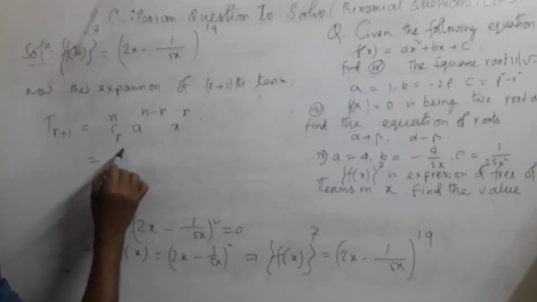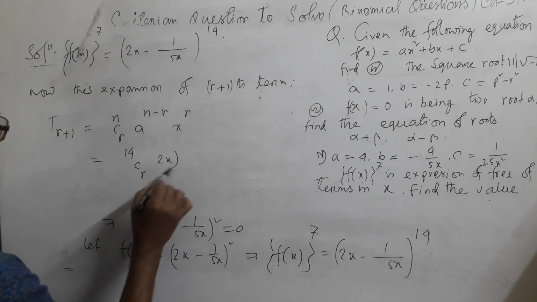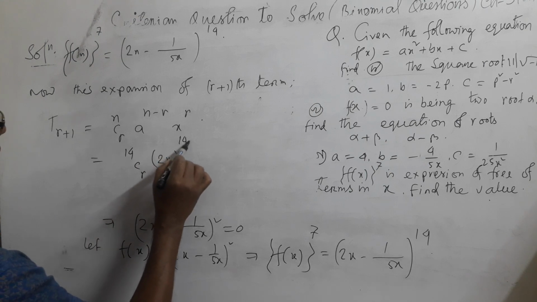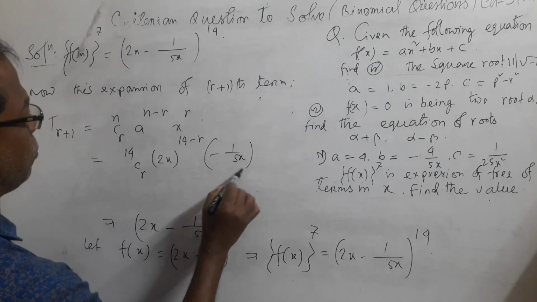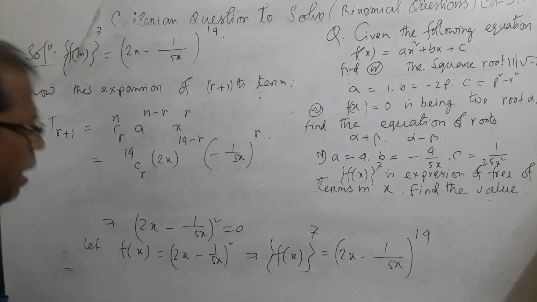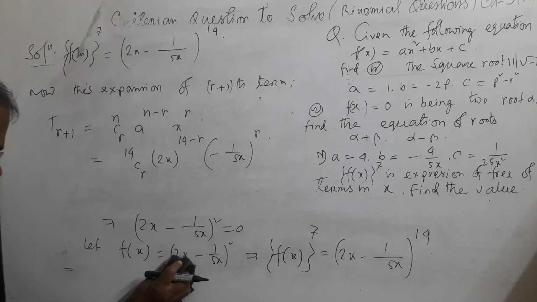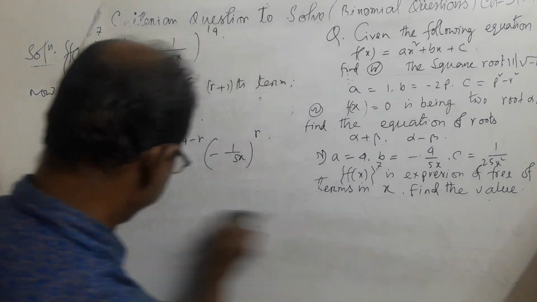That's why 14Cr (2x) to the power 14 minus r and (minus 1 by 5x) to the power r is the r plus 1 term of f of x to the power 7.